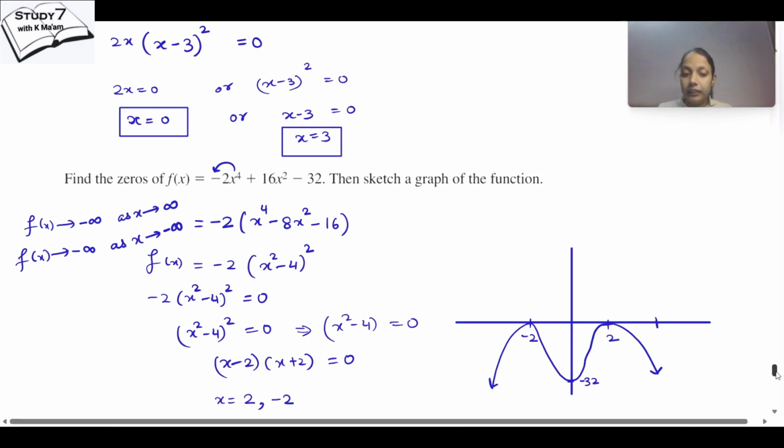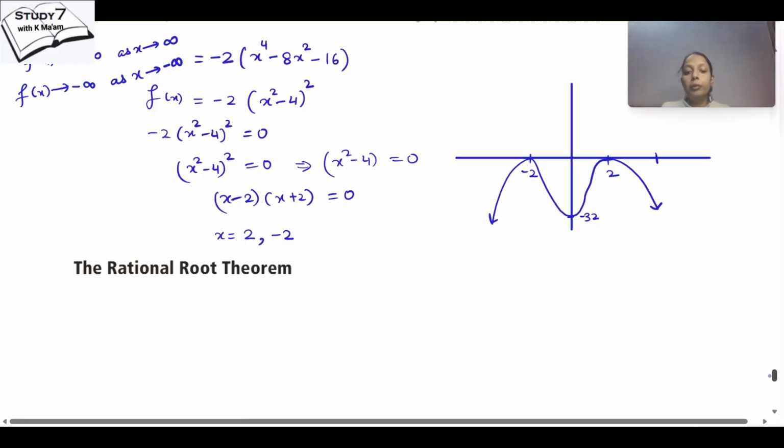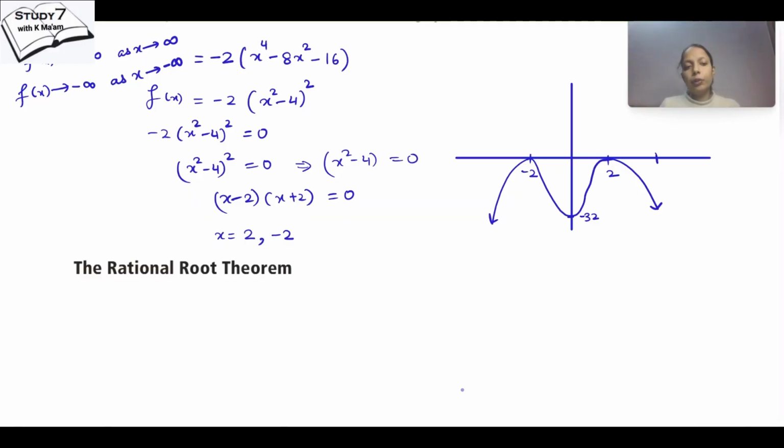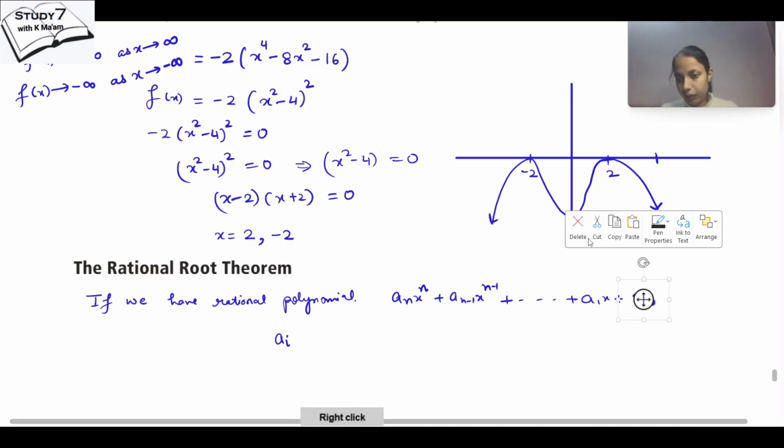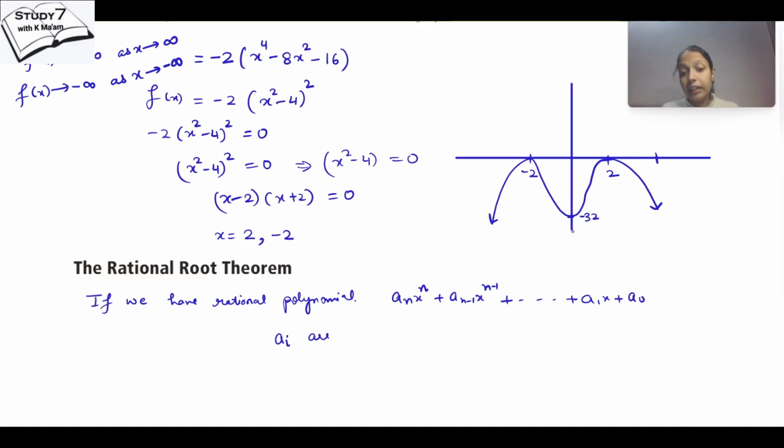Okay. Next, the rational root theorem. The rational root theorem says, if we have a rational polynomial an x power n, an minus 1 x power n minus 1, and so on, a1x plus a naught, all ai's are integers.